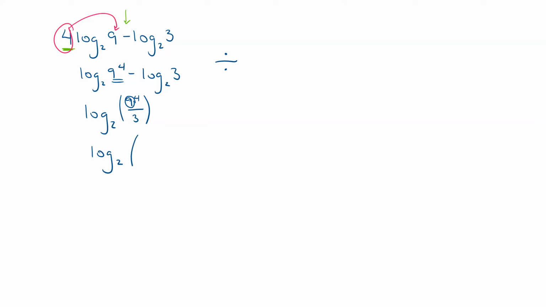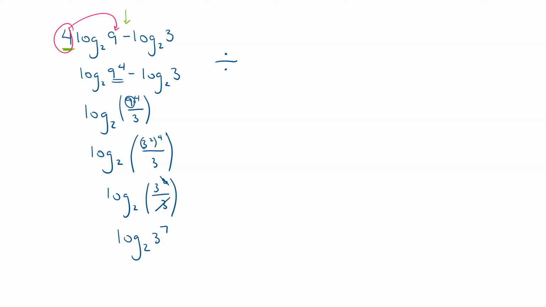So we have log base 2 of 3 squared to the 4 over 3. That's going to be log base 2 of 3 to the 8 over 3. One 3 will cancel out of both the top and the bottom, and that'll leave us with log base 2 of 3 to the 7.